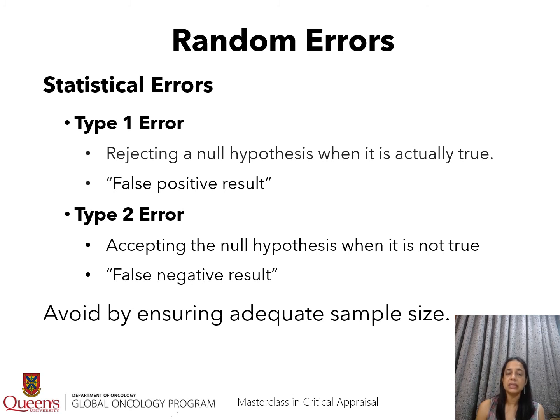For a superiority study, this would mean accepting a false positive result. A type 2 error or a beta error is accepting the null hypothesis when it is not true. And for a superiority study, this would mean accepting a false negative result. Both of these can be avoided by ensuring adequate sample size while designing the study.